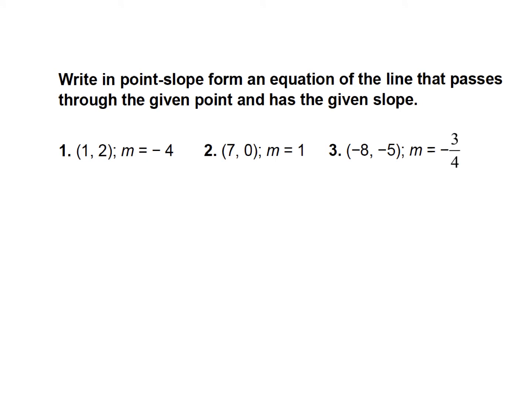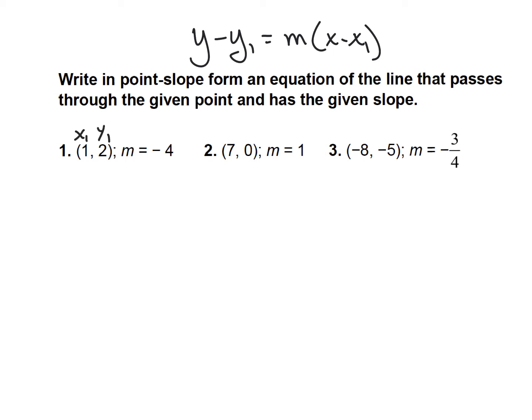Let's do it again. We're going to do this a couple of times with each of these. Again, always start with point slope form, which is that. You should get used to writing that. Again, we have x1 and y1.